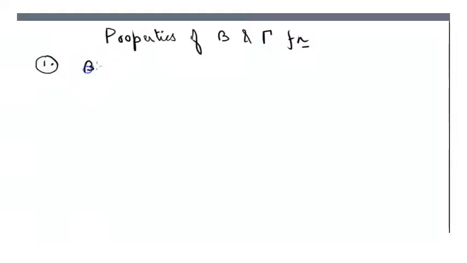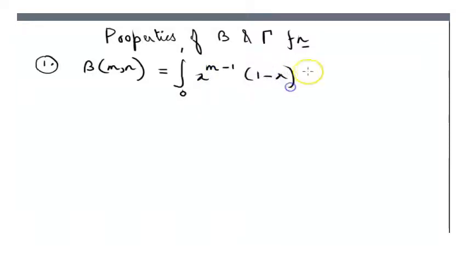to prove that beta mn, in some books they write it as capital B. It doesn't matter as long as you know that it means the beta function. It is the integral from 0 to 1, as we have already described, of x to the power m minus 1, 1 minus x the whole to the power n minus 1 dx.